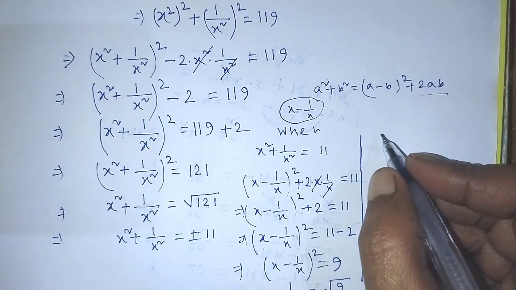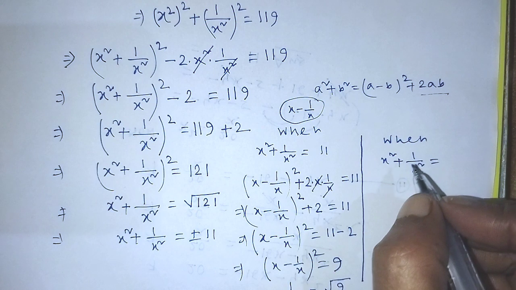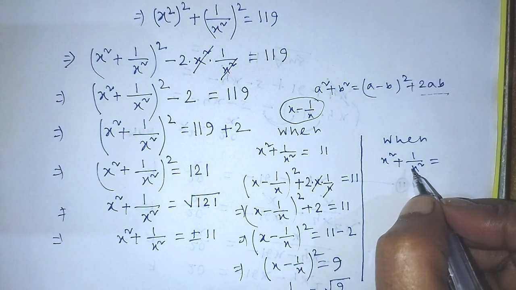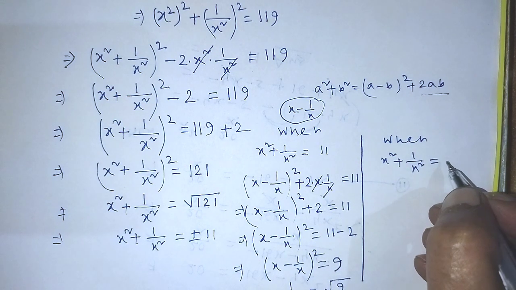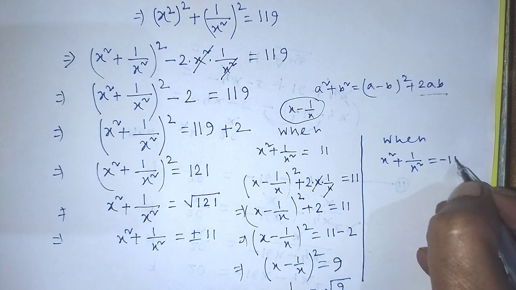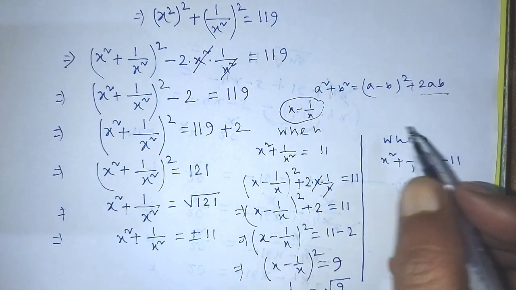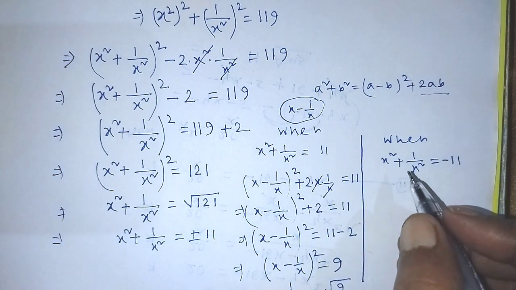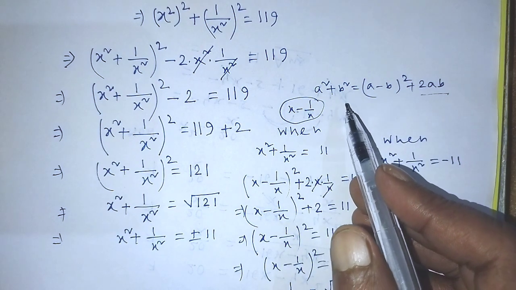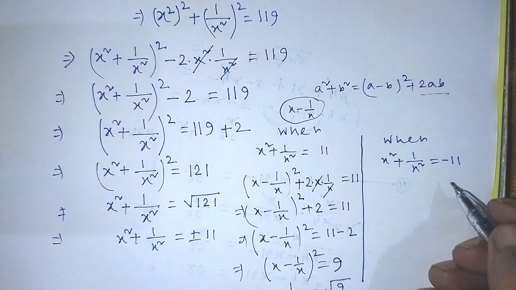Okay. And when the value of x square plus 1 over x square is minus 11, to find the value of x minus 1 over x from this equation, again we have to apply this formula on the left hand side of this equation.